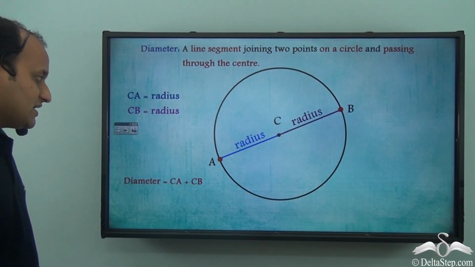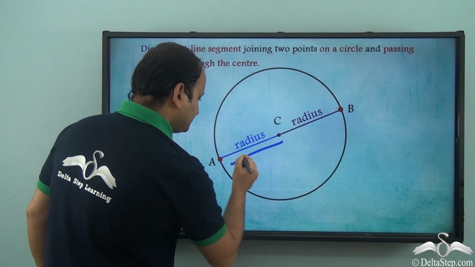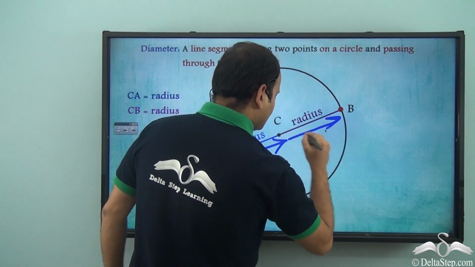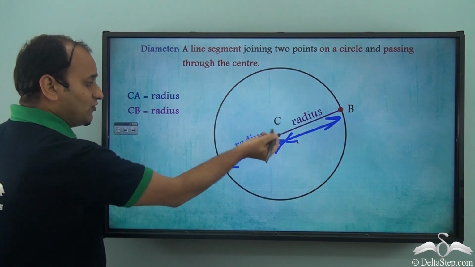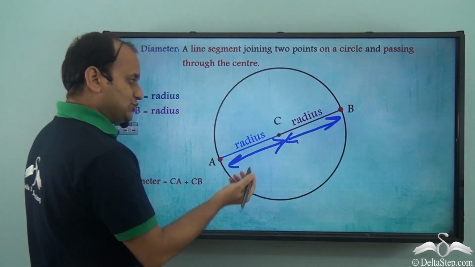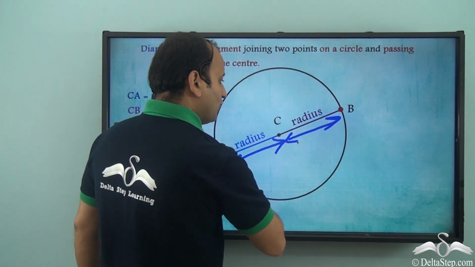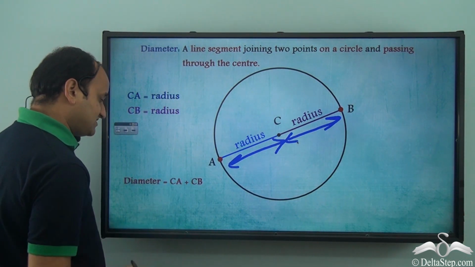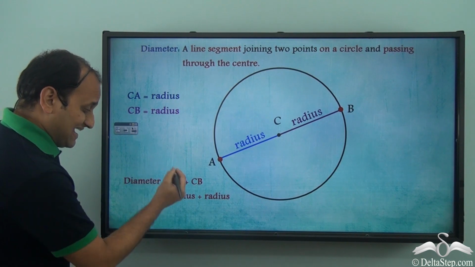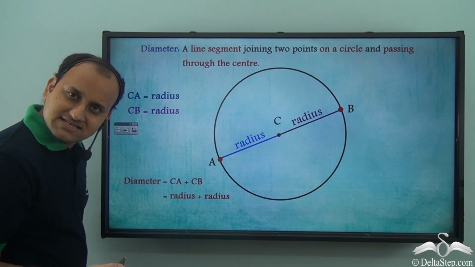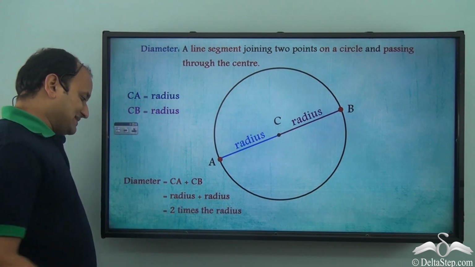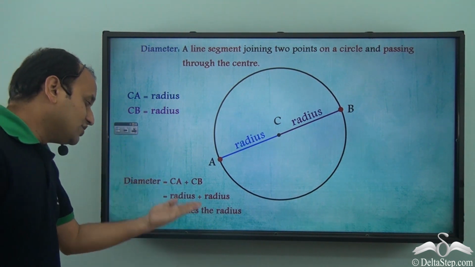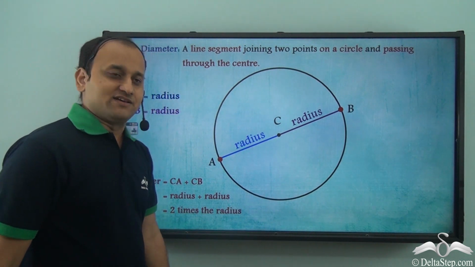Well, diameter is CA plus CB, isn't it? So if you add CA and CB, you get the full length of the diameter. So we have diameter is equal to CA plus CB, which is nothing but radius plus radius, isn't it? So basically we get 2 times the radius. So diameter is 2 times the radius.